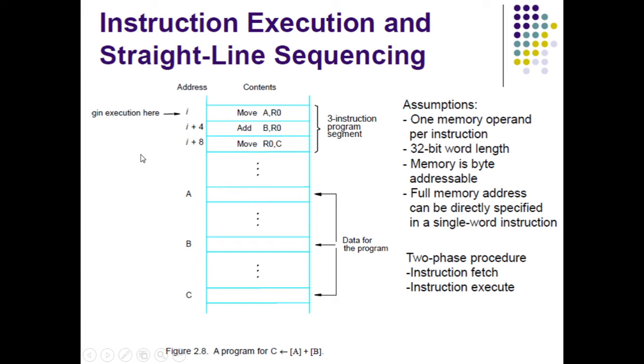That means the program counter is pointing to an instruction which is present sequentially after this add instruction. That is this one. Here it performs a 4 byte forward jump, because one memory word is assumed as 32 bits in length. Okay, so this is the case of straight line sequencing.